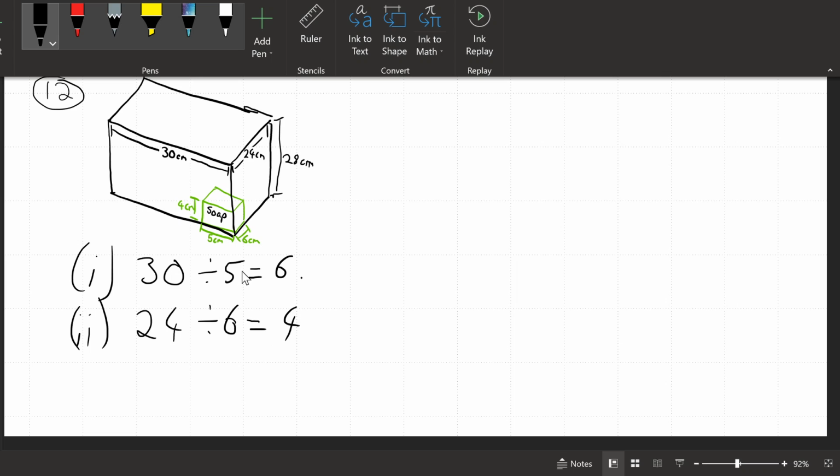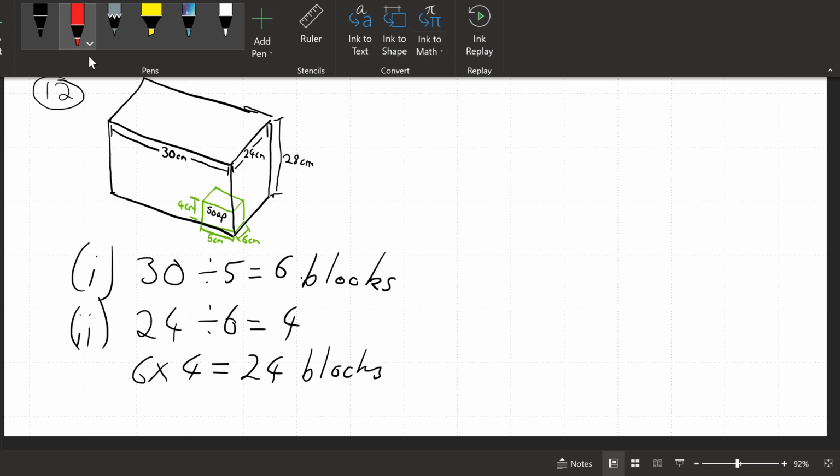And now what we need to go is okay, so I'm just going to write down blocks here. So if we can fit 6 blocks across and 4 blocks deep, then we can realize the number at the bottom row is going to be 6 blocks by 4 blocks. So 6 by 4, that'll end up giving us 24 blocks.